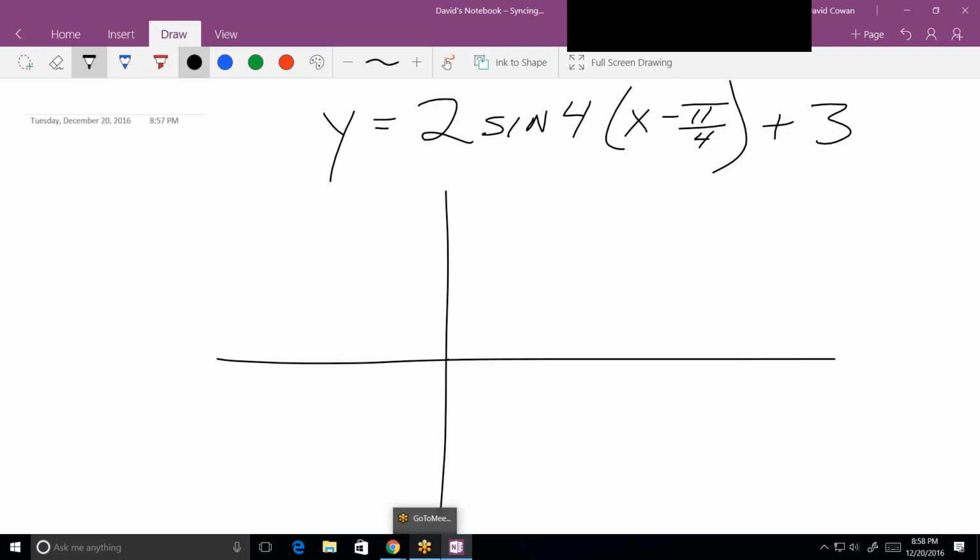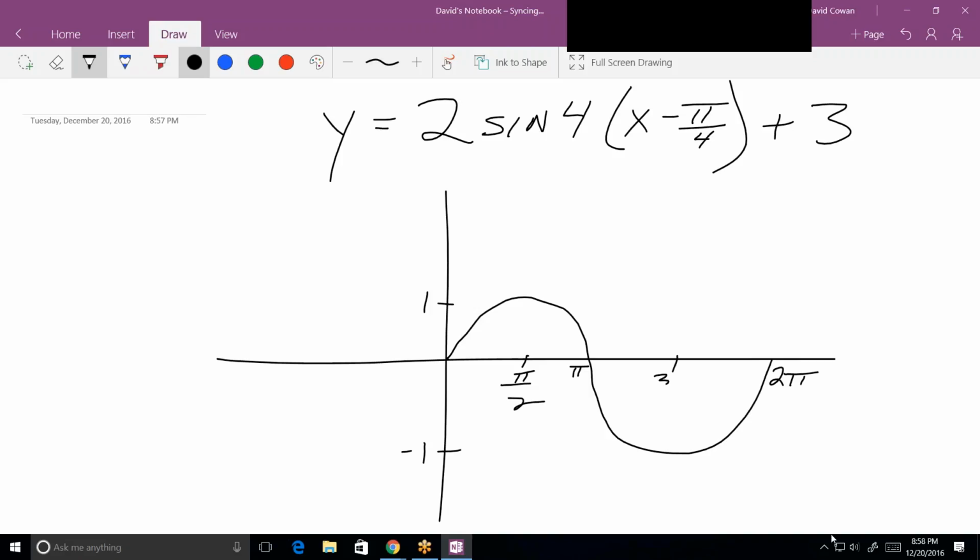First thing I'm going to graph is that. That is y equals sine x. Okay? And I could quarter it up. That's pi over 2, that's 3 pi over 2. Now, the 2, let's take these one at a time.